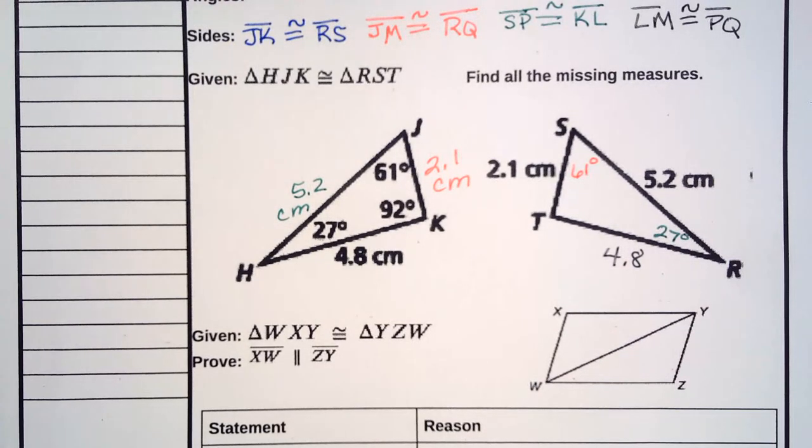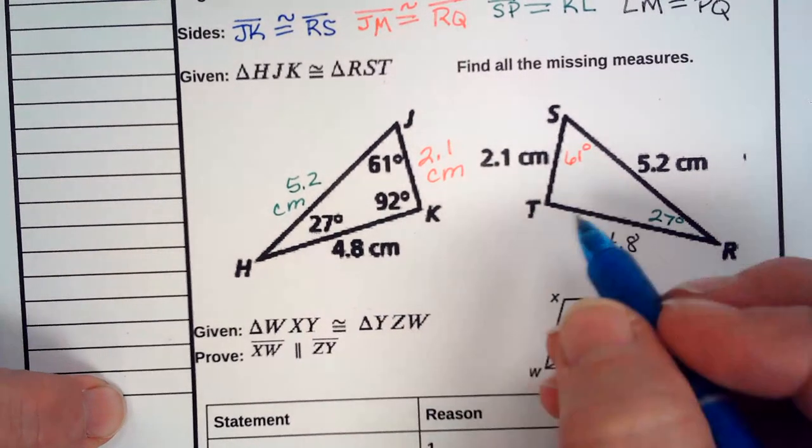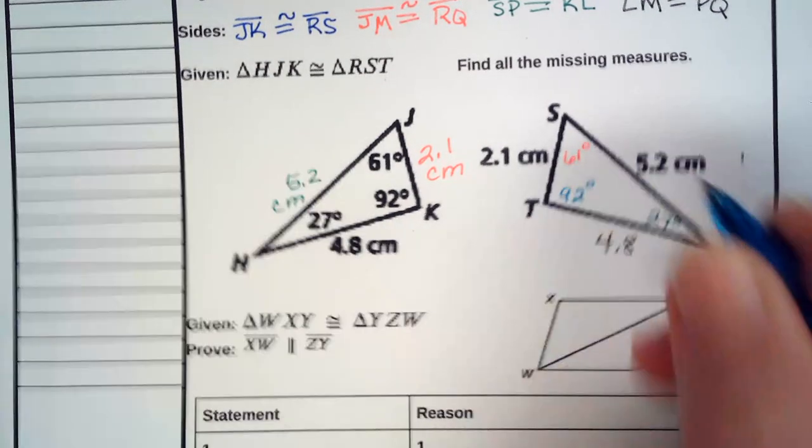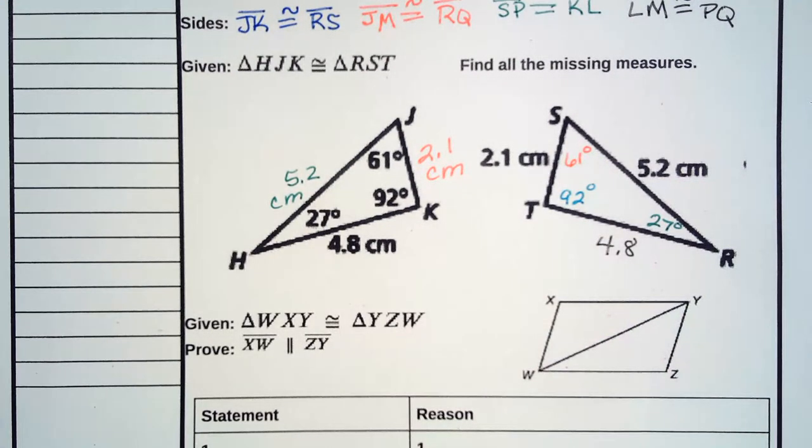And for the last one, it will be 92 degrees. Using the congruent statement, we have just been able to find all of the missing measures.